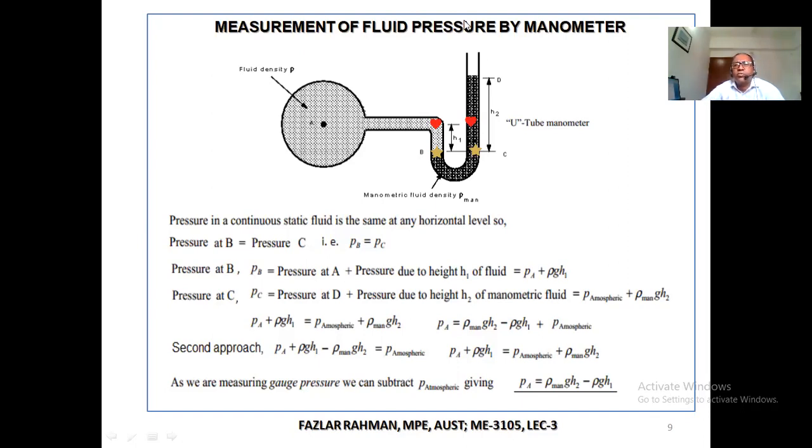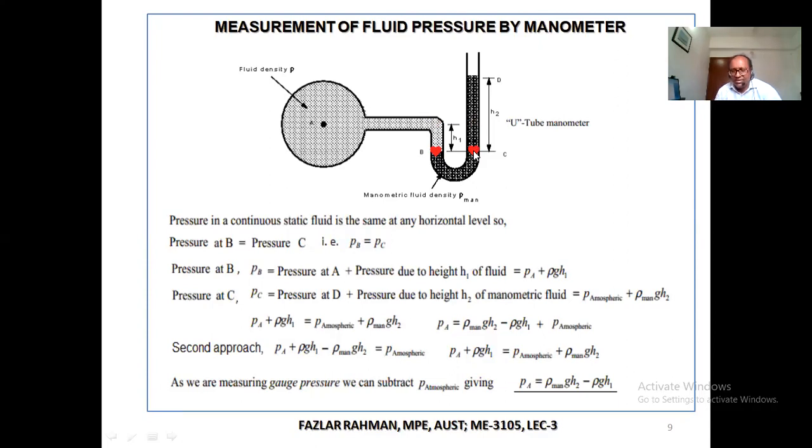But in the bottom one, I can say point B is inside the black fluid. You can say it is also inside the white one, right? But for simplification, I will consider point B to remain inside the manometric fluid. So I will think the pressure at point B and point C is the same.